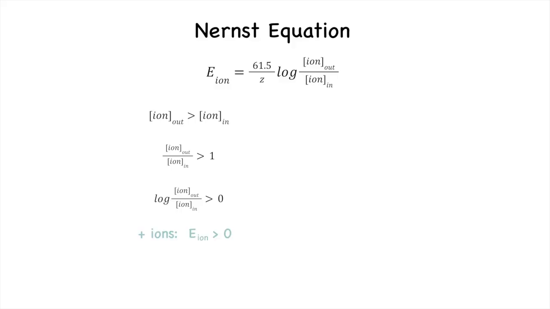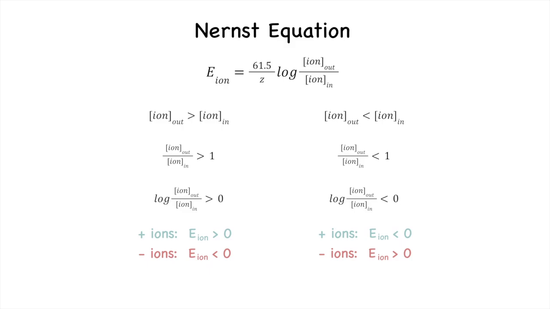For positively charged ions, this makes equilibrium potential positive. Conversely, when the concentration is higher inside than outside, the ratio is less than 1, making the logarithm output negative and equilibrium potential negative. For negatively charged ions, this relationship is reversed because the sign of Z is negative.